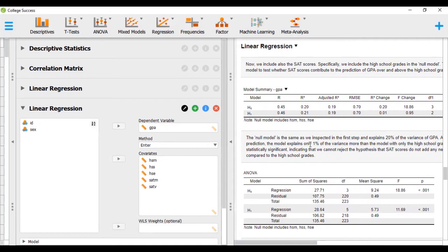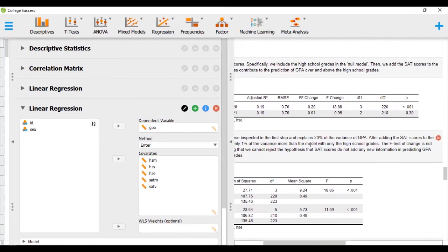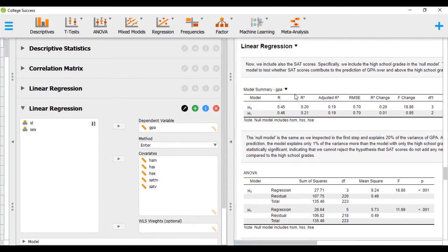Now, the model which we are using, including the SAT scores, is able to explain only 1% more of the variance than with only the high school scores. So it helps us to see that, holding the high school grades constant and adding the SAT scores, the effect of SAT scores on one's GPA is only 1%.